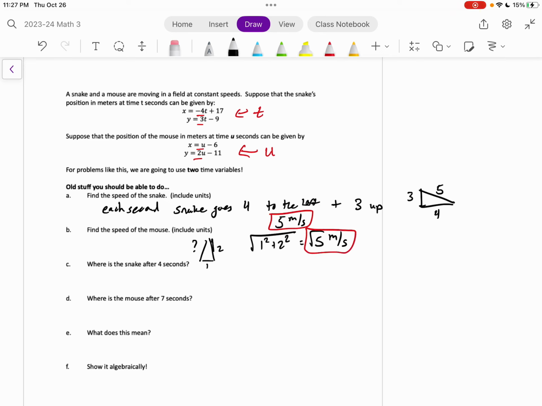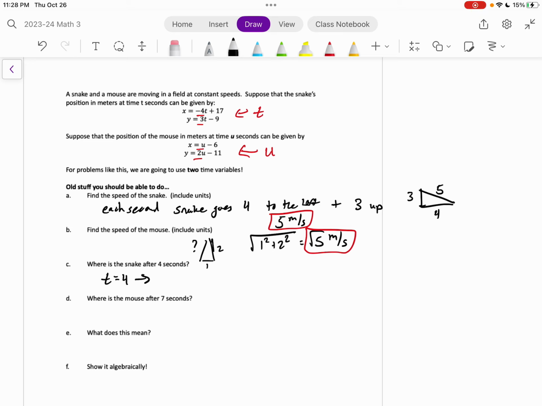Okay, so now let's think about where the snake is after 4 seconds. What I mean by this is where the snake is 4 seconds after it started moving. The snake was using t, so we're going to plug in 4 for t and see where that leads us.